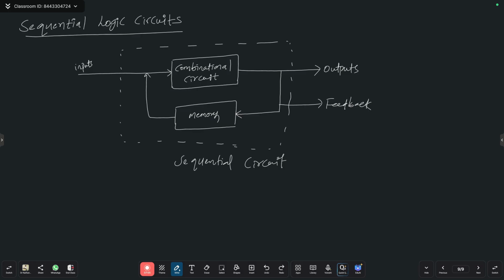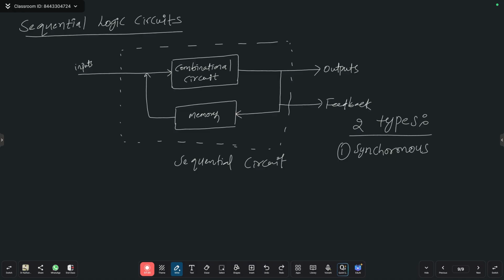Sequential logic circuits are classified into two types. The first one is synchronous sequential logic circuits.